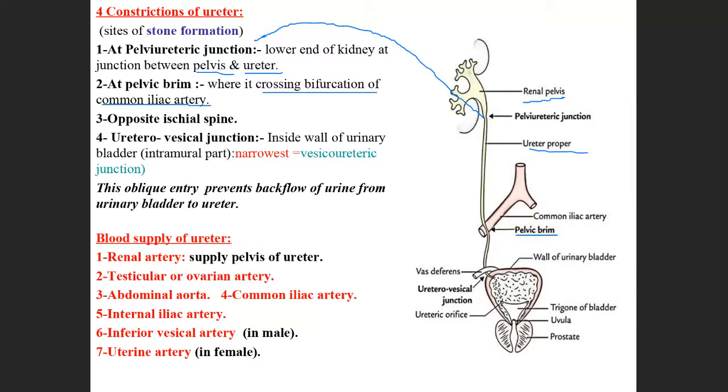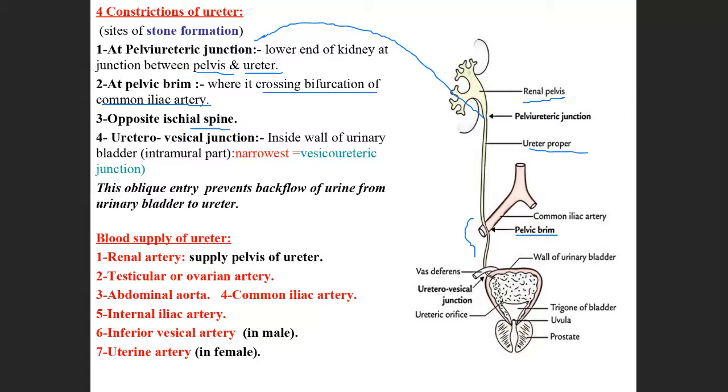So this constriction is at the common iliac artery. Next is at the ischial spine, where the hip bone is compressing the ureter. That is one constriction.